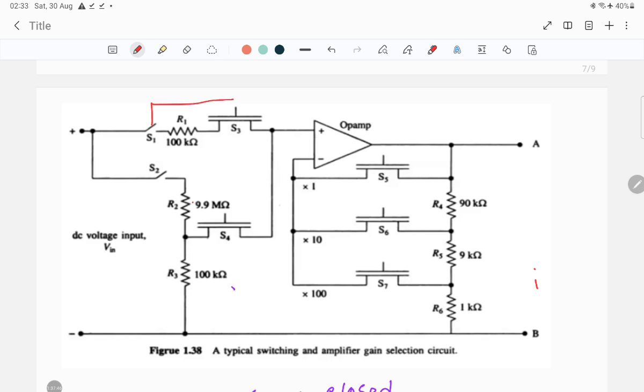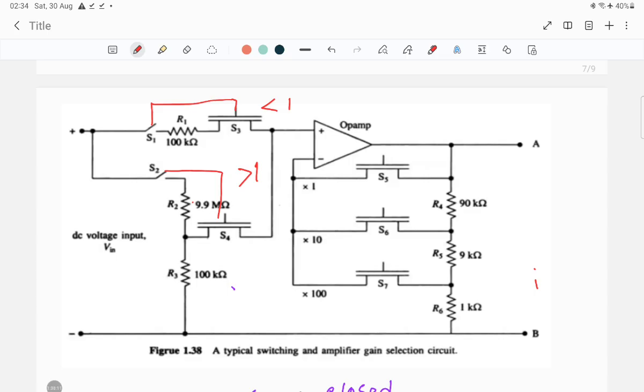S1 and S3 are shorted together, and S2 and S4 are shorted together. S1 and S3 will only be activated when the voltage range is lower than 1 volt, and S2 and S4 will be activated when the voltage range is higher than 1 volt.